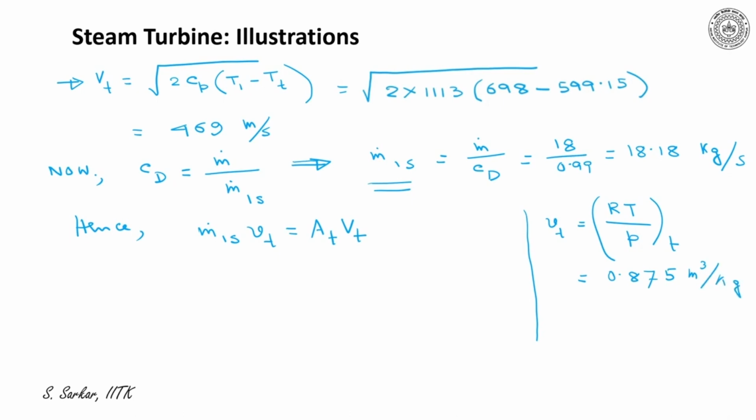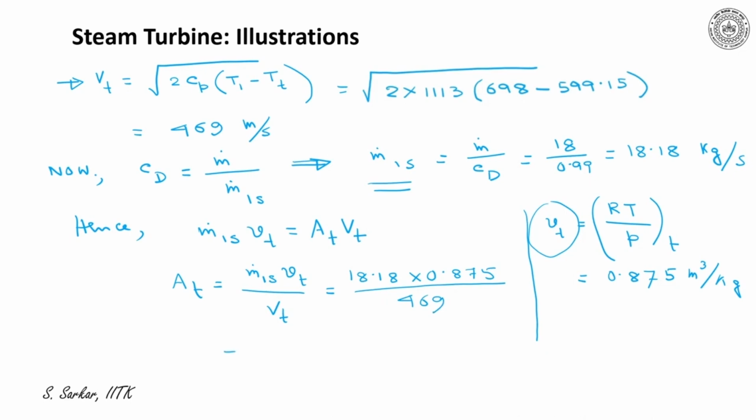So you can evaluate At. At is nothing but m dot isentropic into specific volume, which I have calculated here, divided by Vt. So m dot isentropic is 18.18, vt specific volume is 0.875, Vt velocity at the throat is 469.